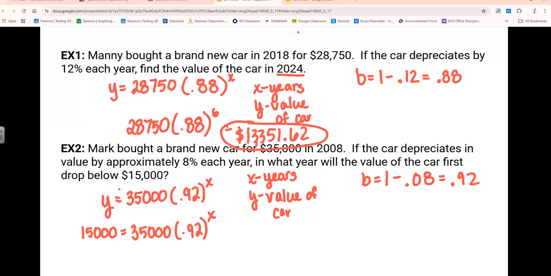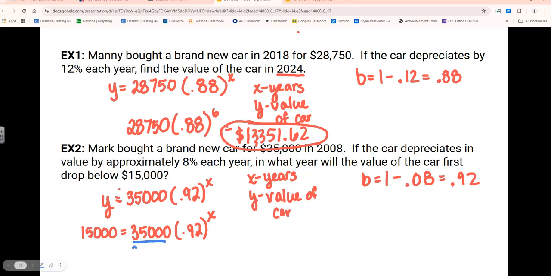So we have two options for solving this, okay? So we know how to solve this one by hand. We'll need the calculator to get the exact value, but we know how to solve this one by hand. So Emma, if I'm trying to solve for that x right there, this 35,000 is the first thing I need to get rid of. What do I need to do with it? Divide it.